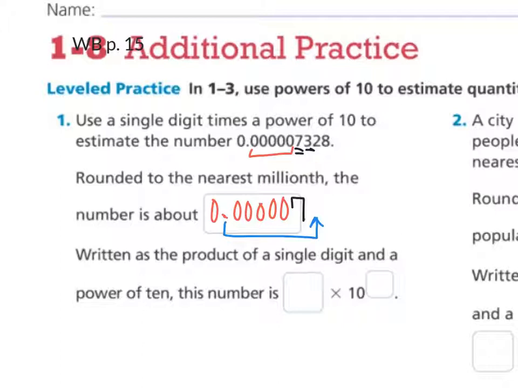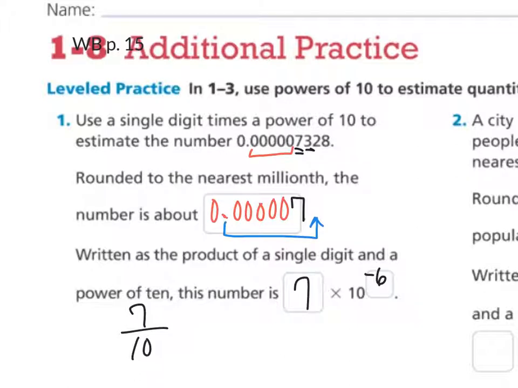And so we're going to put this as 7 times 10 to the negative 6th power. Negative 6 because, again, this is a small number. It's like we're dividing by 10 6 times. Every time dividing by 10, moving the decimal to the left.